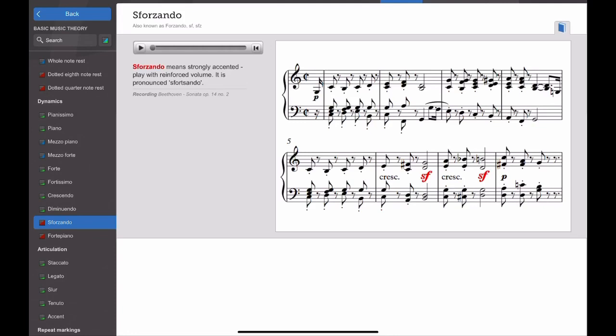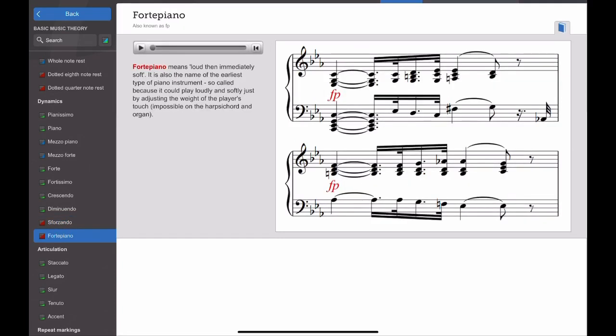It's called sforzando. Sforzando. Reinforced. Forte piano means loud and then immediately soft.